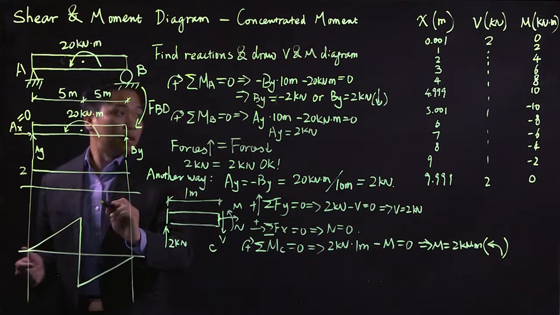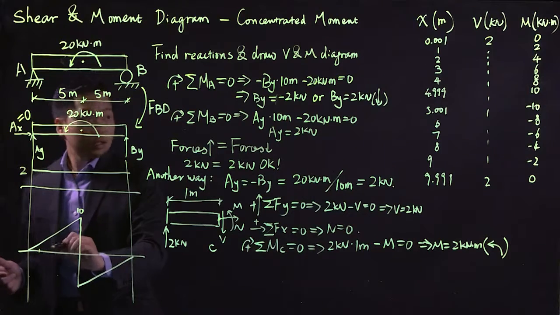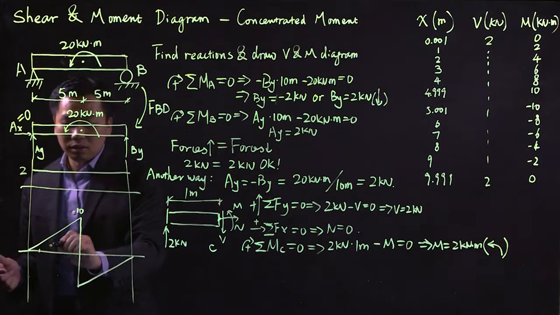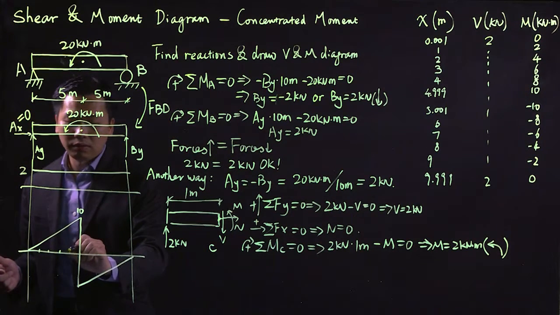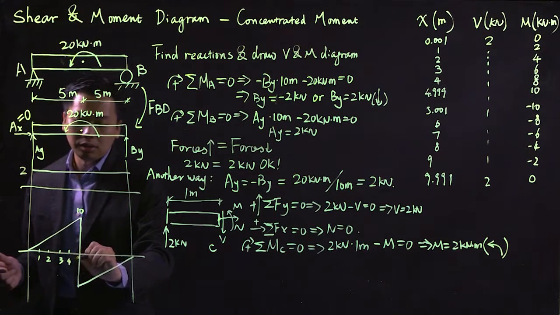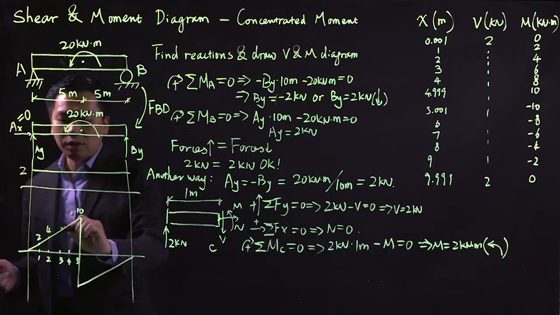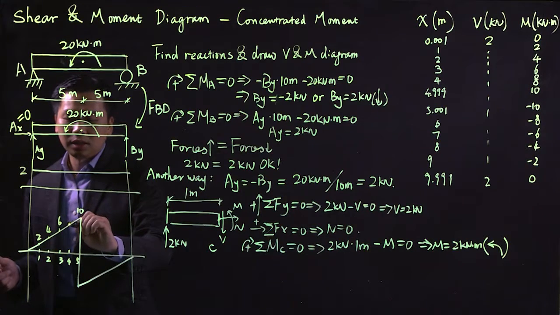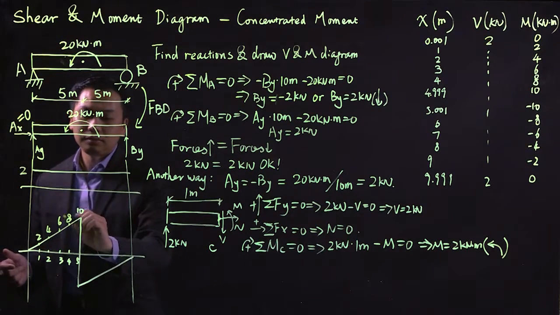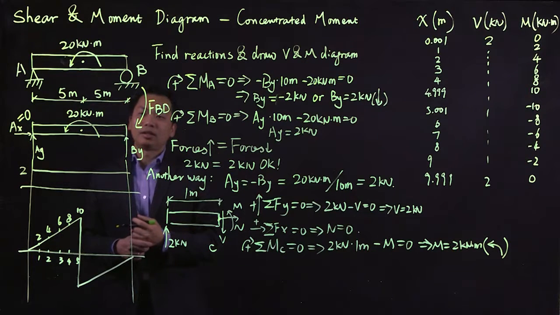For a different point, 1, 2, 3, 4, 5, your moment is 2, 4, 6, 8, 10. All right, let's take a look at this shear and moment diagram and see what we can observe.